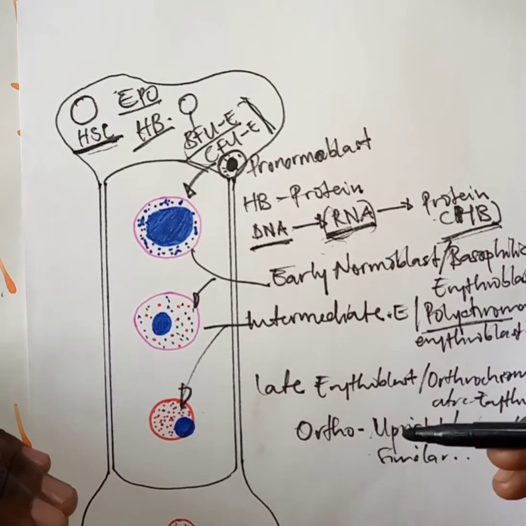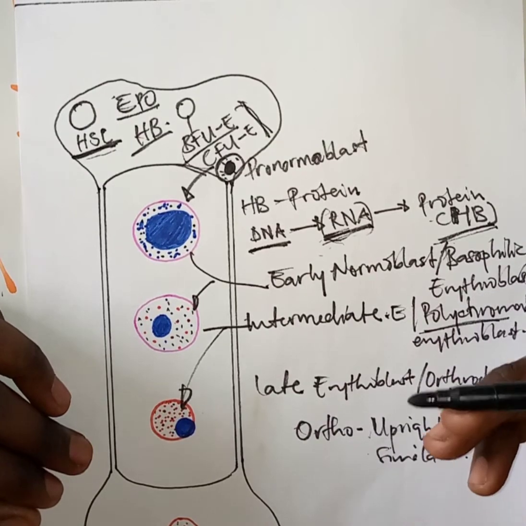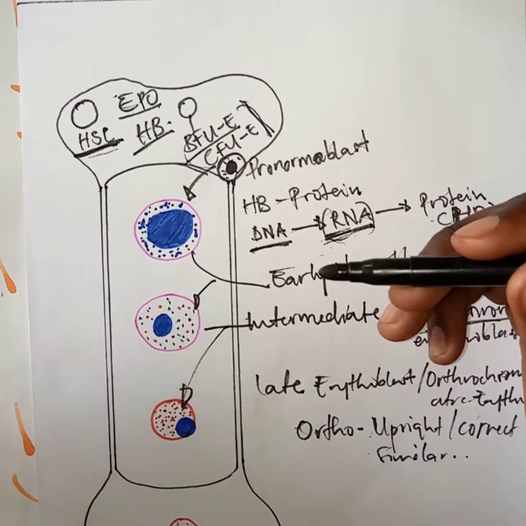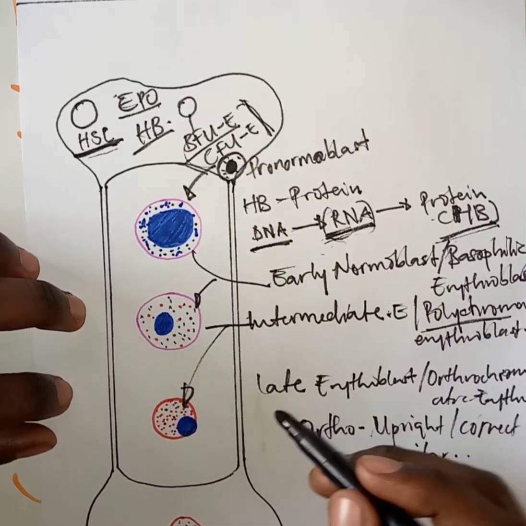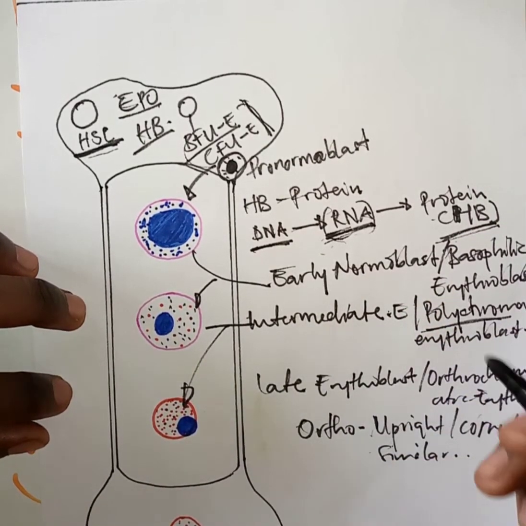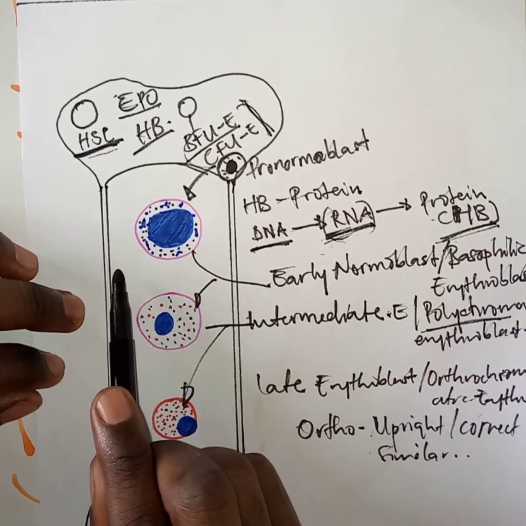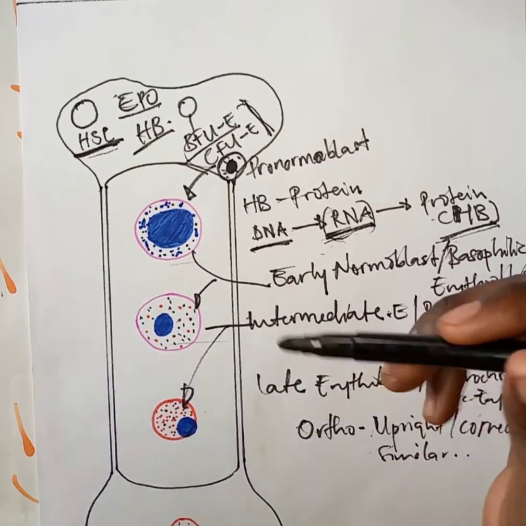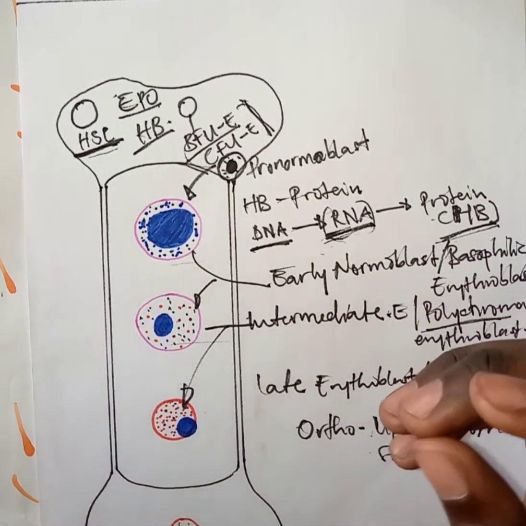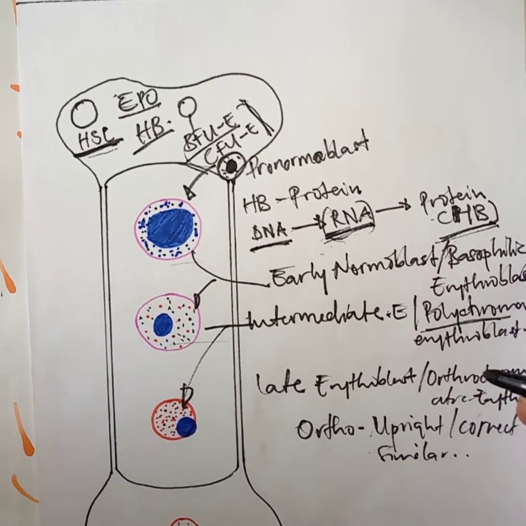The late erythroblast will be larger than the erythrocyte. The cell becomes smaller as it grows. Also, the nucleus is getting smaller and removed from the cell gradually. So our first cell had it larger. It became smaller as it was giving out its DNA to be formed into RNA to form the protein we need.